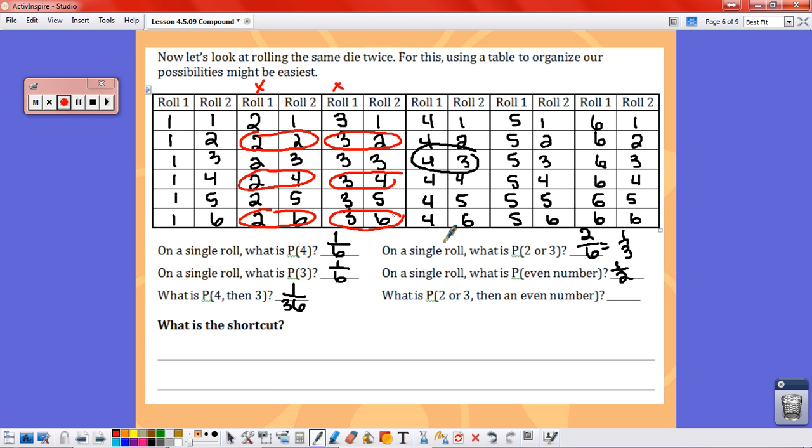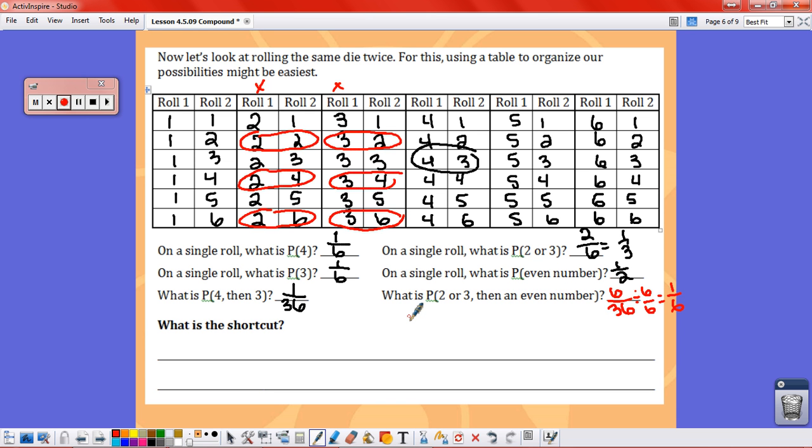And those are the only ones, because all the other ones don't have 2 or 3 at the beginning, or they have an odd number for the second roll. So that's 6 possibilities out of 36 total possible outcomes. And 6 out of 36, if I divide by 6, gives me 1/6.